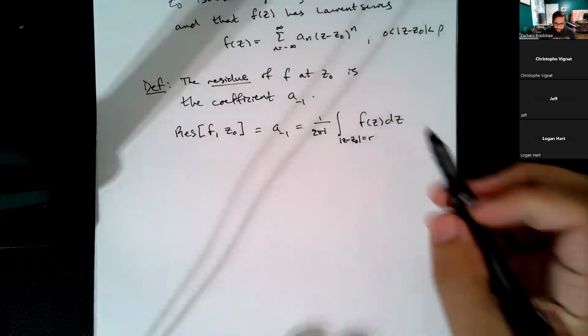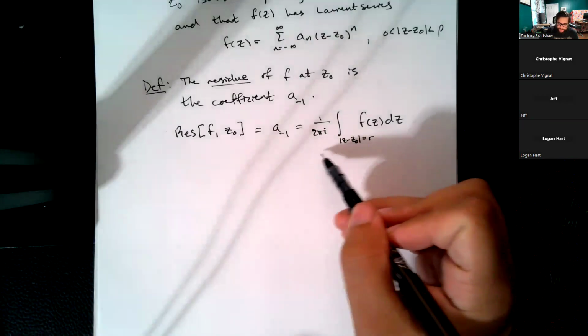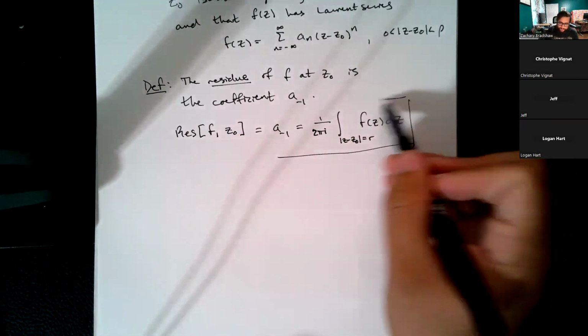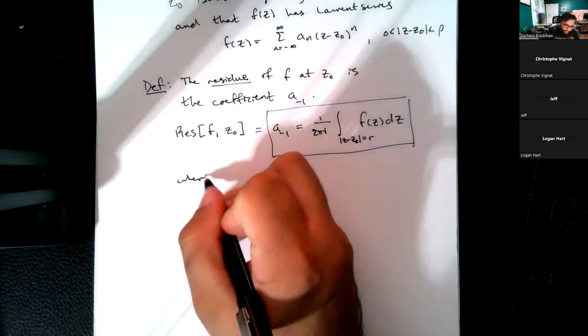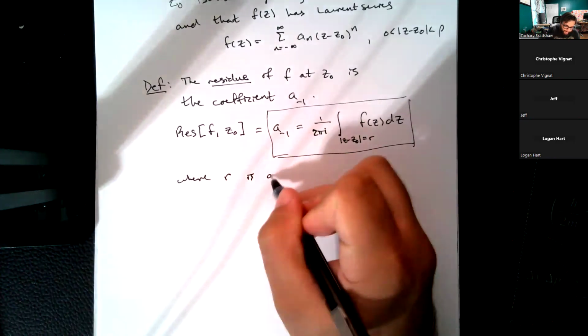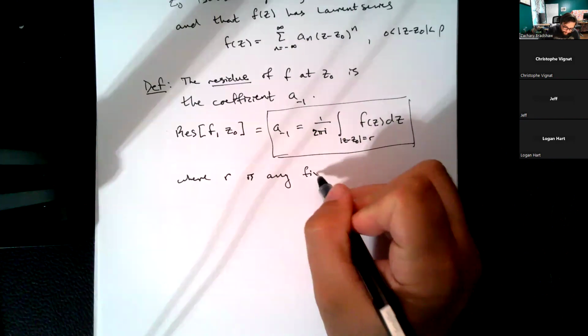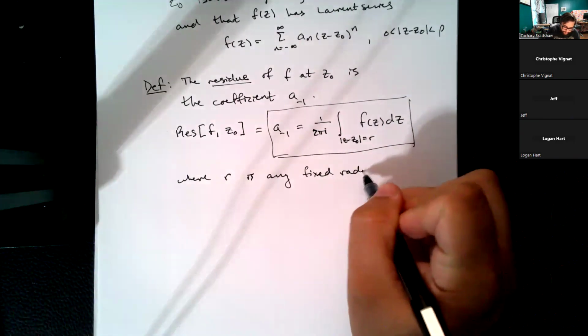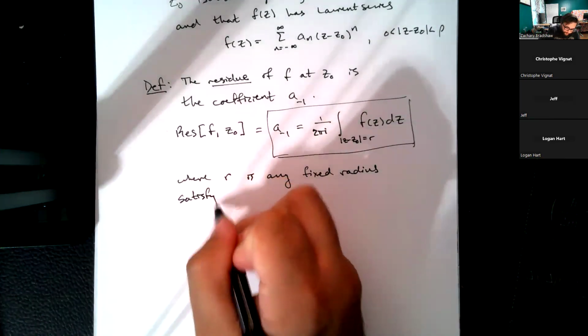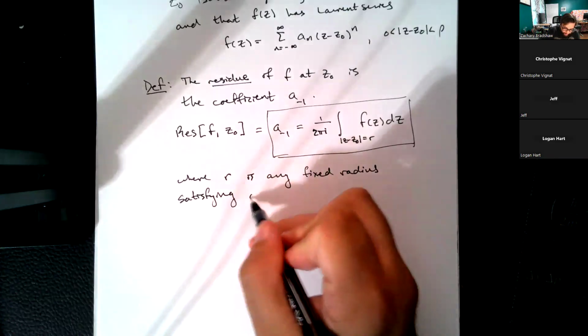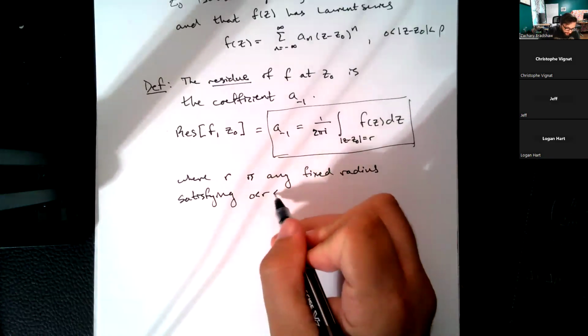In any case, we've proved this identity for the coefficient a minus 1, where r is any fixed radius satisfying 0 less than r less than rho.